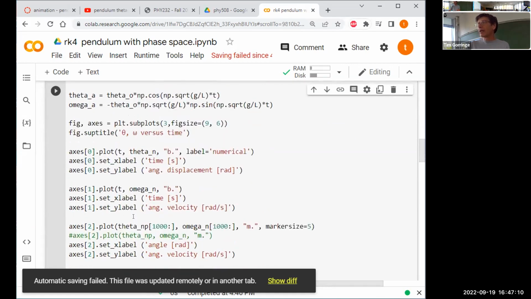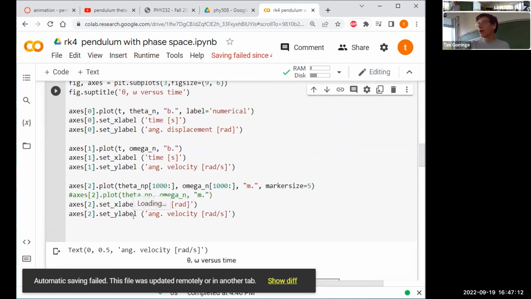I'm going to make 3 plots. 2 of them we did last class: theta versus time, from my numerical solution, and angular velocity, omega, versus time. And then the new phase space plot. Let me take this little slicing out to begin with.